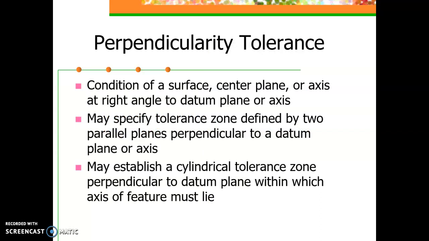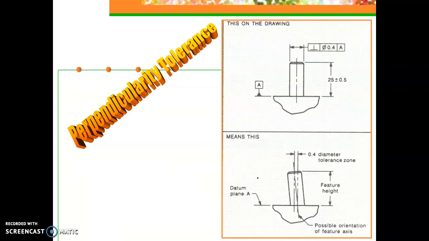Perpendicularity is another orientation tolerance that establishes a datum. So we've got the surface here, datum A, and the axis of this cylinder needs to be perpendicular to datum A. And again, we're given the size of a tolerance zone with its diameter.